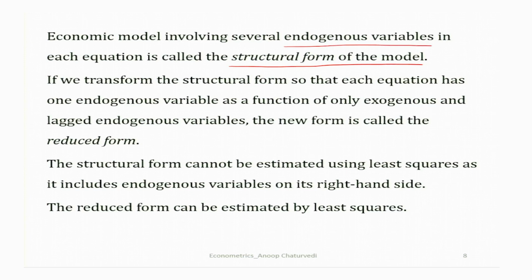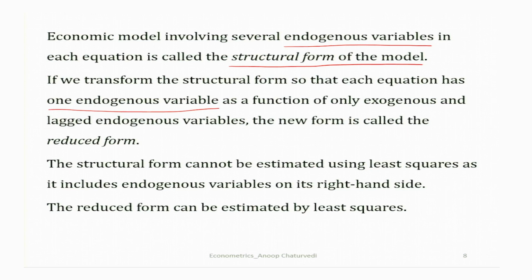So, this form is called the structural form, and then you may transform or solve this structural form, so that each equation has one endogenous variable on the left hand side as a function of only exogenous and lagged endogenous variables, that is, as a function of only predetermined variables.